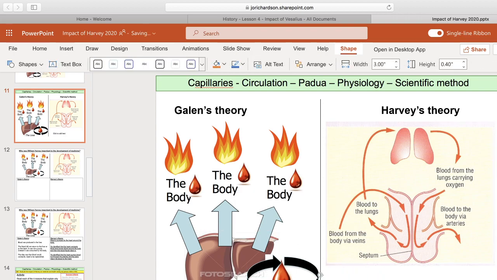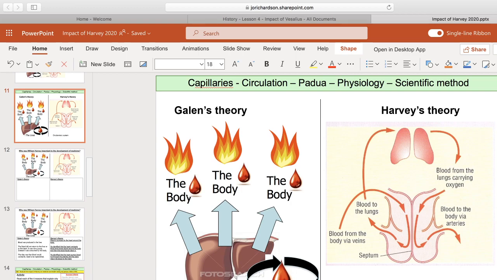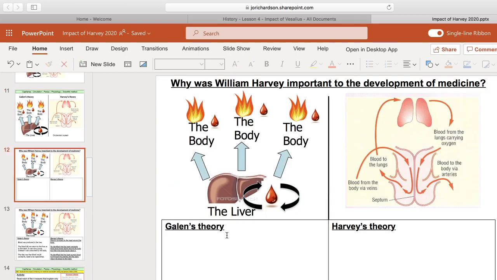Your first bullet point in that box under Harvey's theory would be the circularity system, I don't know how to spell it, something like that. So you should be writing the idea of the circularity system in this section here.